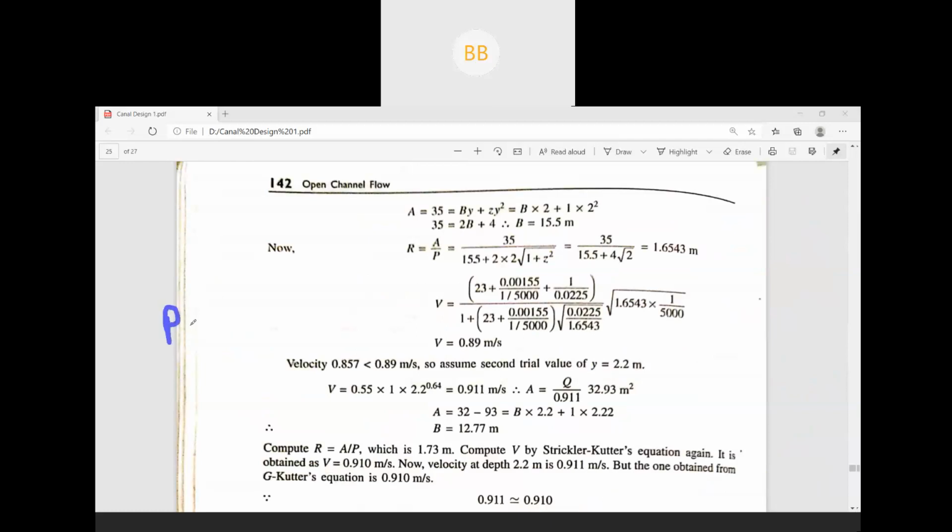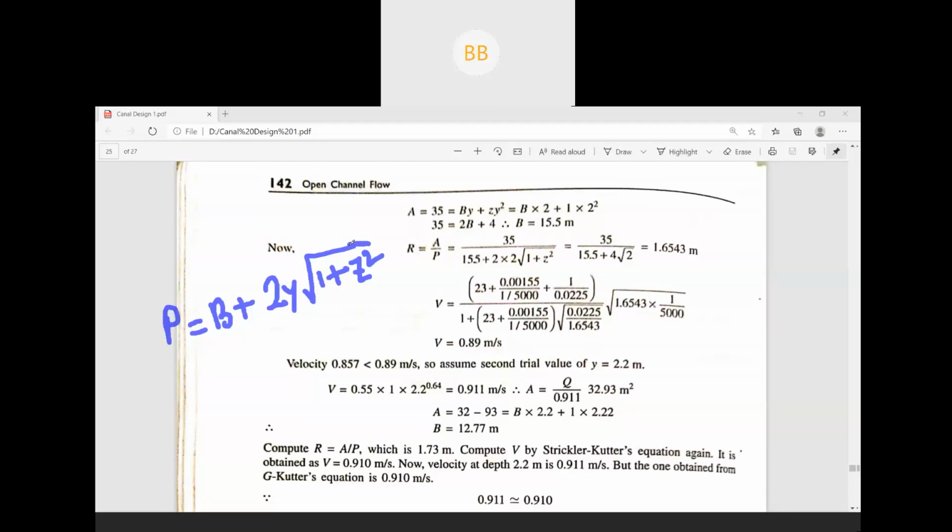consider the wetted perimeter. So the wetted perimeter is nothing but b plus twice y root over 1 plus z squared. This is the wetted perimeter equation of a trapezoidal channel.